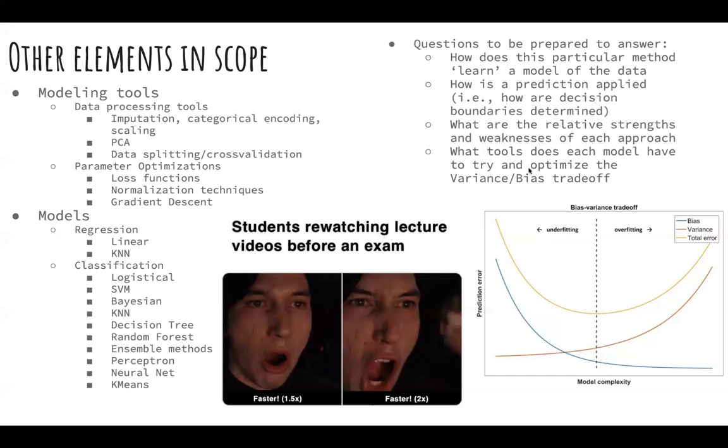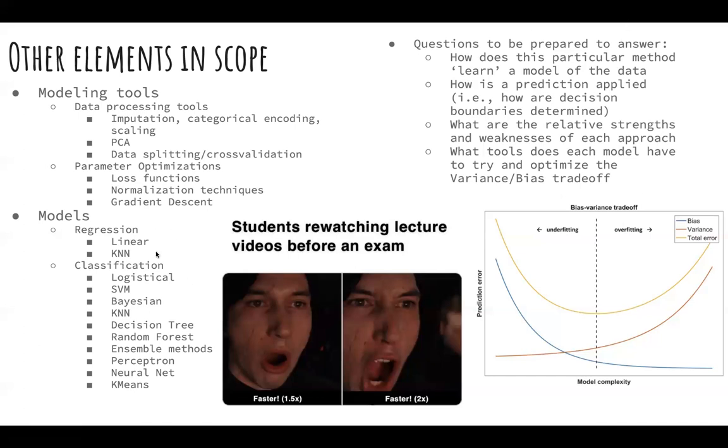Also have a sense of whether those models have tools to optimize performance, things like the bias and variance trade-off. A perceptron clearly does not have an explicit optimization step. Other models do, so think through all of that and have it ready to go.